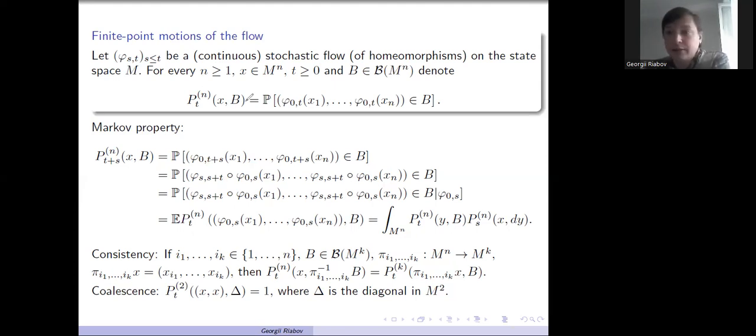And these Markov processes satisfy two natural conditions. The first one is consistency.